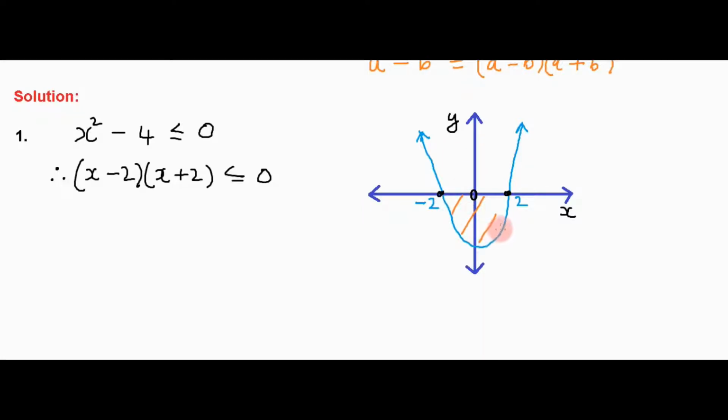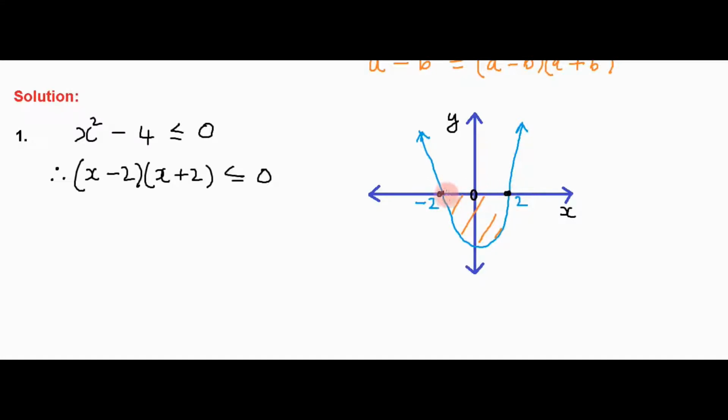So this region over here. And we need to solve for x. So we need to find the values of x for which the graph is either 0, in other words, cutting through the x-axis, or negative, in other words, below the x-axis. And we can see that for all x's between and including negative 2 and 2.